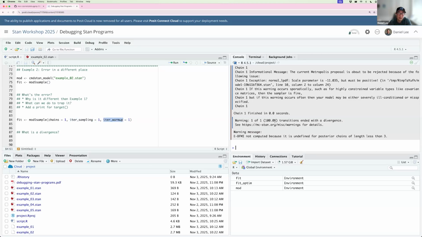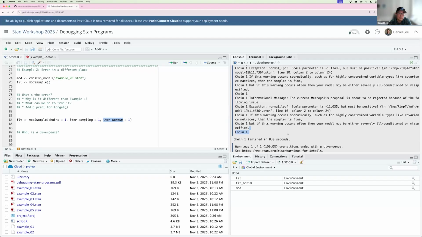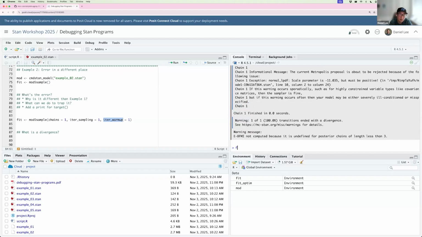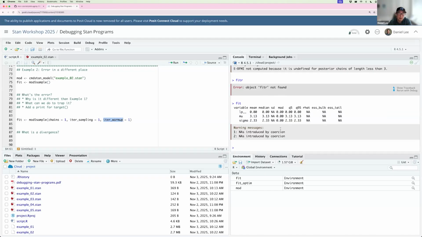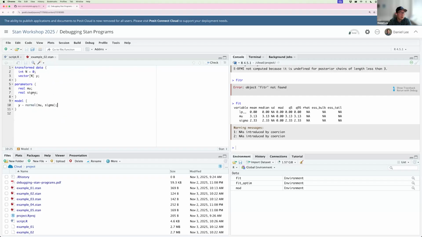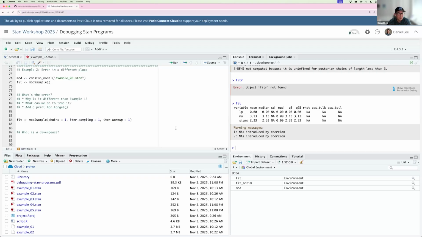So it found a valid place to start the chain. mu starts at 3 and sigma starts at 2, so it's valid, right? Well, there's no data, so it'll work. But it's going to try to follow this trajectory and it's just not working. So that's what's happening.